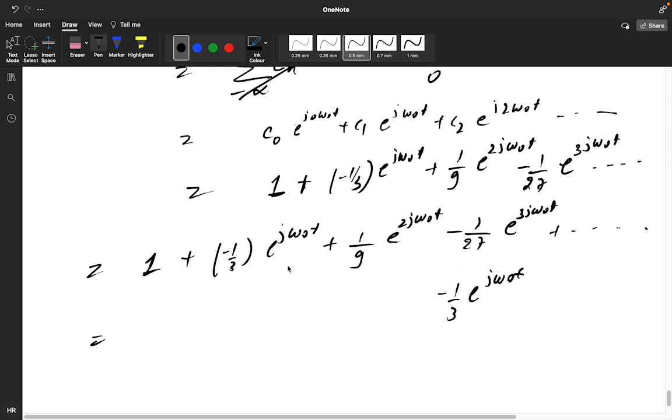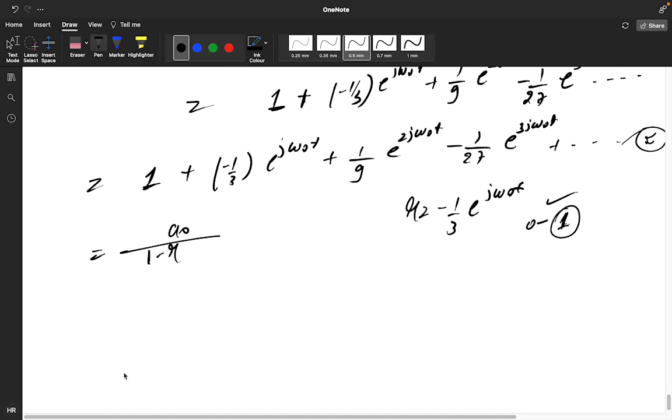If you divide by the previous term, you get the same ratio. If this is an infinite series and the ratio is lesser than 1, means between 0 and 1, then you can apply a naught divided by 1 minus r.